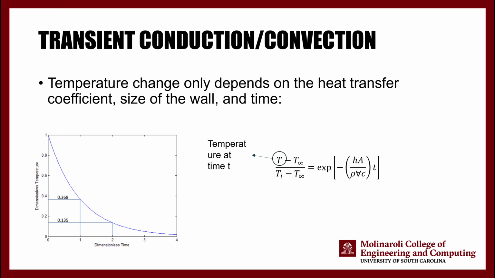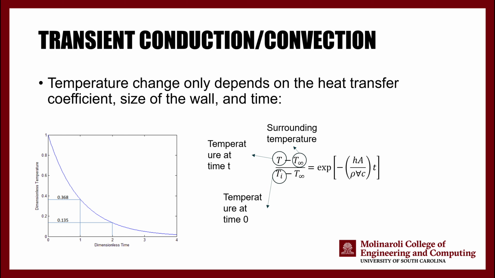In this equation, T is the temperature at any time. It can be at time 0, the final time, in the middle, whatever. T infinity is the gaseous or liquid temperature that surrounds your sphere in the example that I just provided.